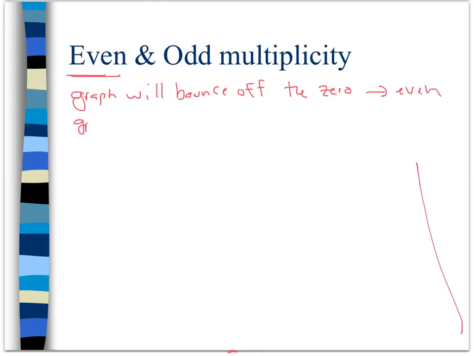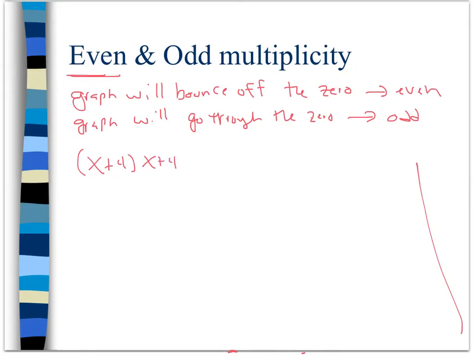The graph will go through the 0 when it's odd, okay? So just to give you an example, if I had x plus 4, x plus 4, x plus 4, okay?